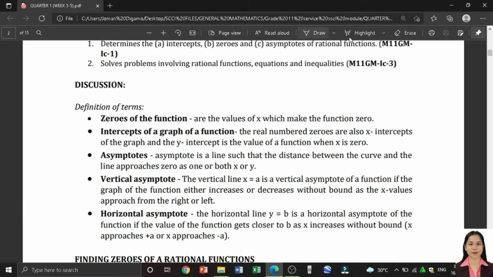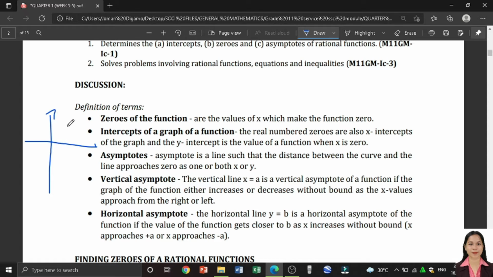So, if we have a Cartesian coordinate plane, let's say for instance, we have here the x and y or the Cartesian coordinate plane.